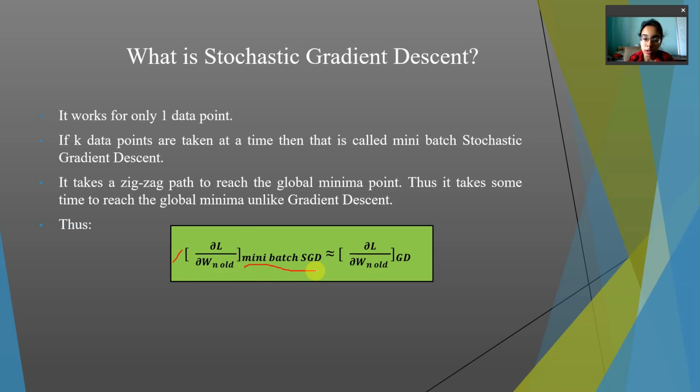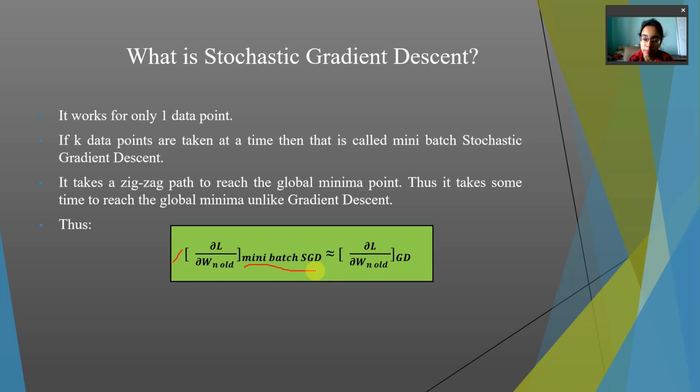Because in mini batch SGD, the time is consumed in reaching the global minima, since it takes a zigzag path, and in gradient descent, the time is consumed in loading the records, because if we have to load millions or billions of data records, it will take much more time.